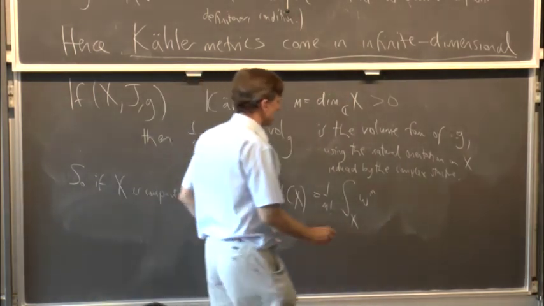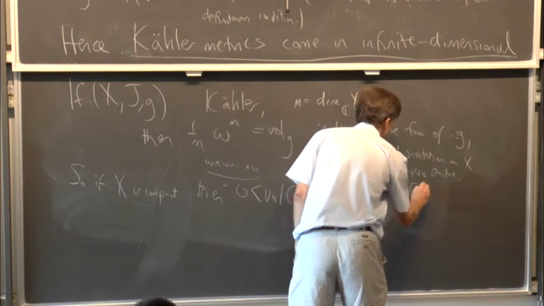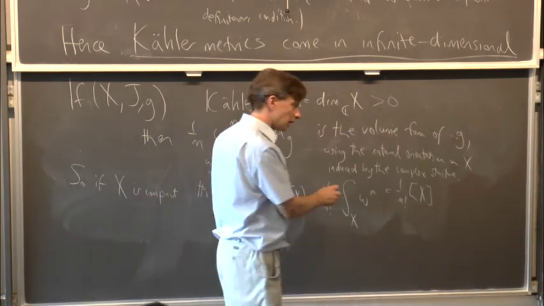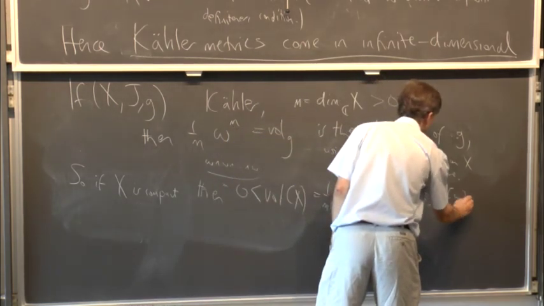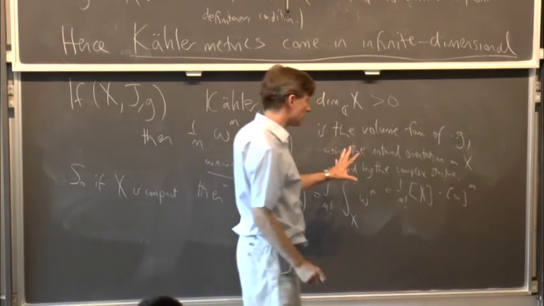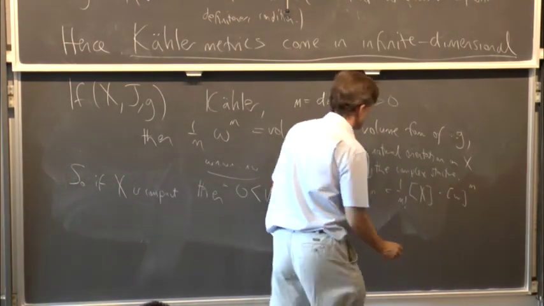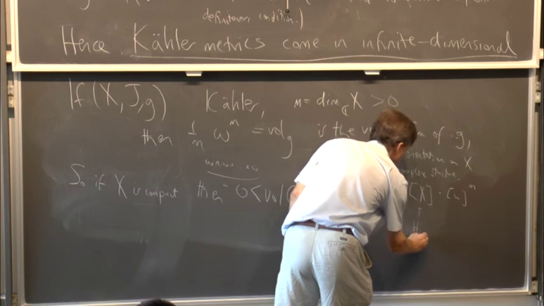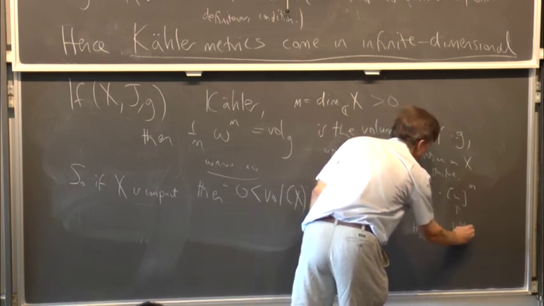But this is 1 over m! times the fundamental class of X in homology, paired with the de Rham cohomology class of omega cupped with itself m times. So this is in H_2m of X, and this is in H^2m of X.